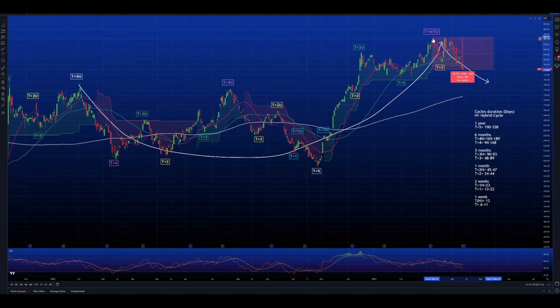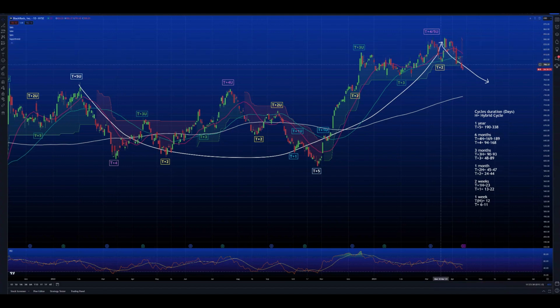If from here we have the confirmation that a T plus 5 is on the edge. Now, the situation is that we at least have a T plus 4, but not a T plus 5 because we have to wait for its minimum duration.